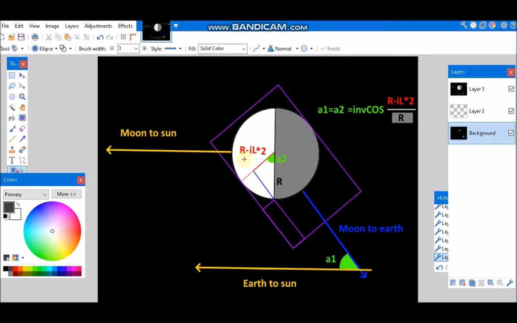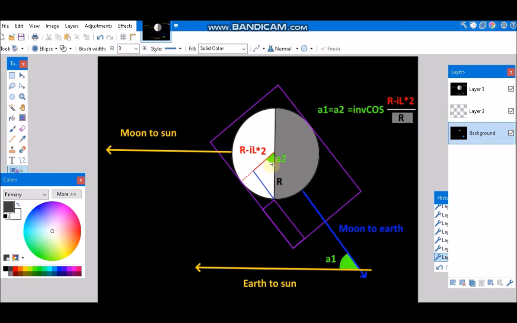But in relation to the radius, it would be radius minus twice the illumination. You have to multiply this by 2 because you divided the diameter by 2. Anyway, we have an angle here, angle 2, and this angle 1, and you can see of course that they are equal.